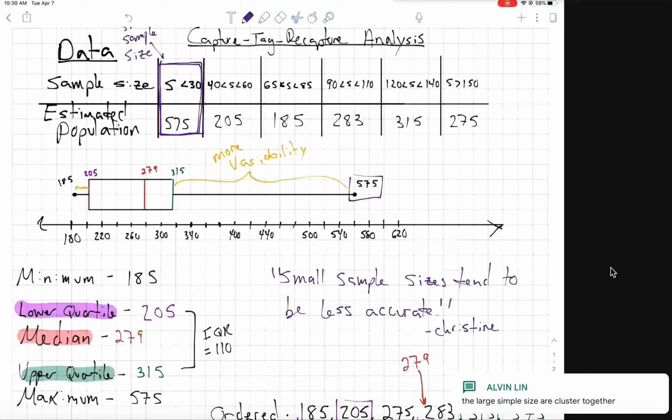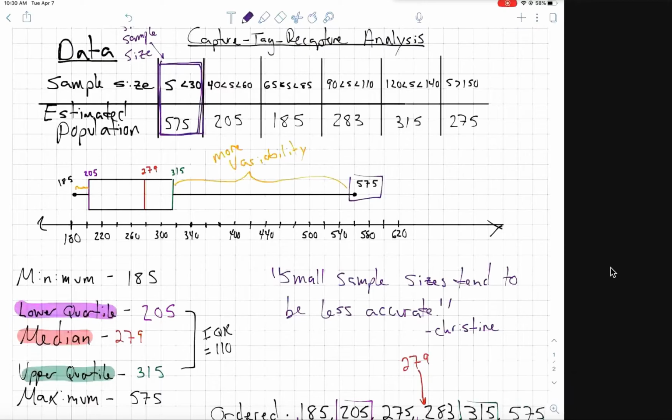Large sample sizes are clustered together. Good. That's 1 point. Who wants to add on to that or come up with another way to justify that the large sample sizes are more accurate as an estimation for the number of fish in the pond?